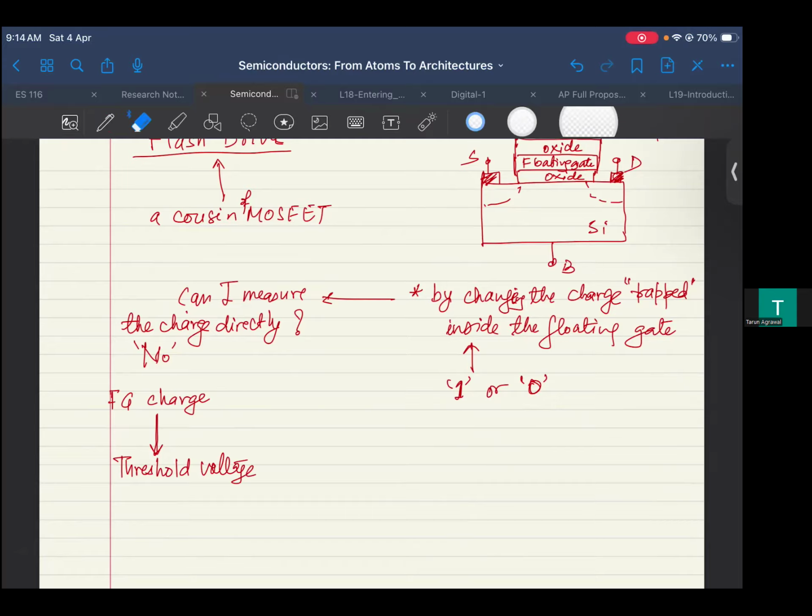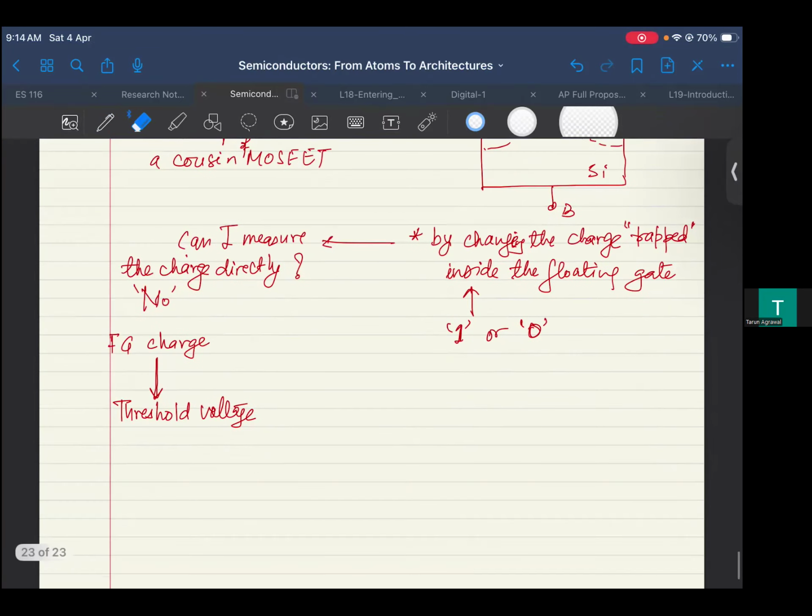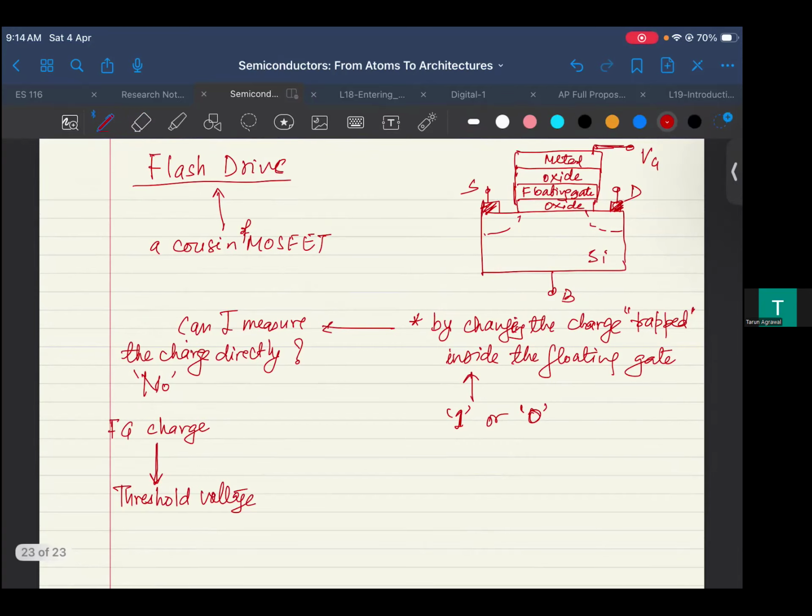So the FG charge will change the threshold voltage, depending on what kind of silicon you are having. Now, when the threshold voltage is changed, what would be the direct effect? For a given VDS, you are going to get a different IDS. So different FG charge, different threshold voltage, means different IDS.